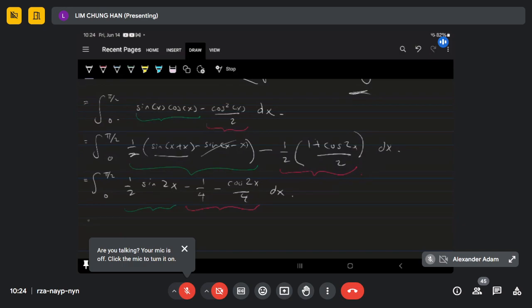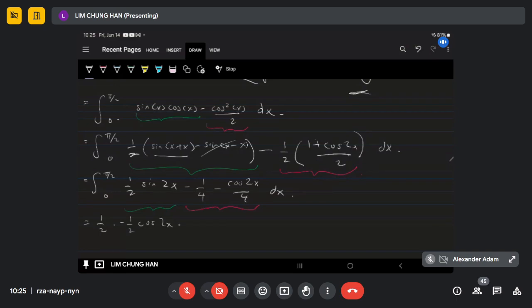So if I start integrating this, then what do I get? Half, I take out. Sine 2x, integrate, what do I get? Negative half cos 2x. 1 over 4, integrate, what do I get?